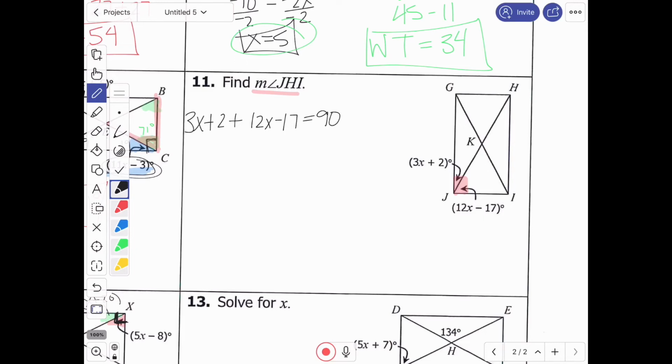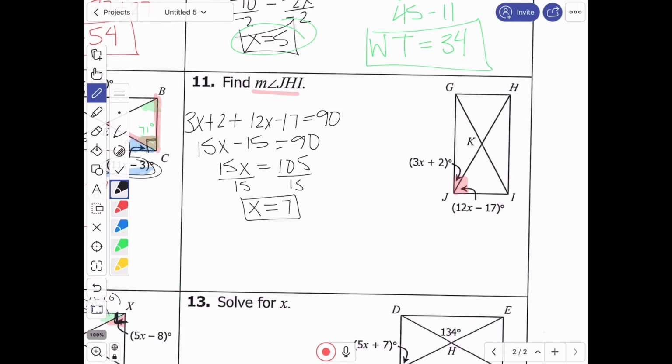So if I add those two together, they should sum to 90. So I get 15x minus 15 equals 90. And then 15x equals, if I add 15, 105, divide by 15, x equals 7.